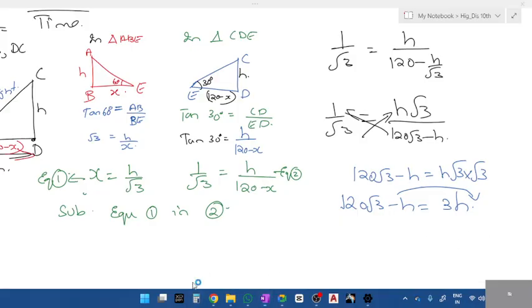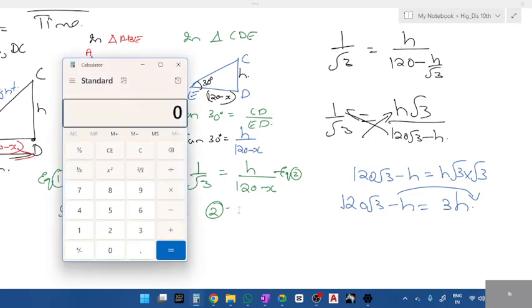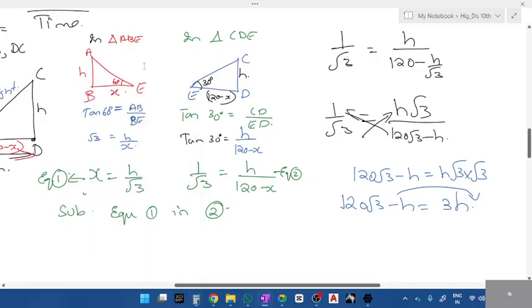Answer is right? Is it 40 into root 3 or 30 into root 3? 1.73, right? 51.9. Yes, 51.96 is the answer.